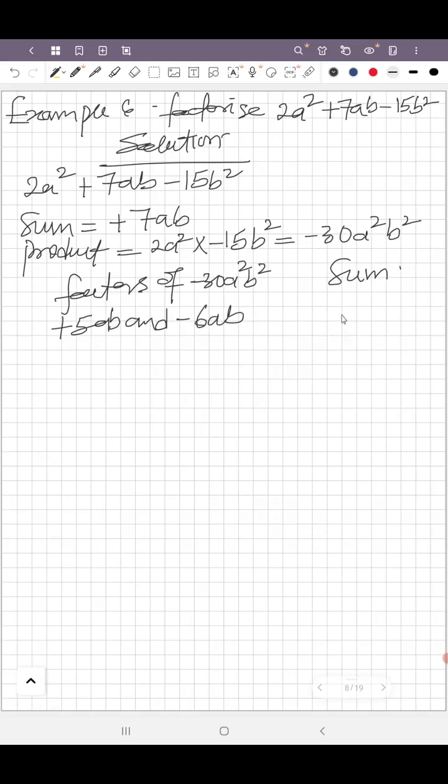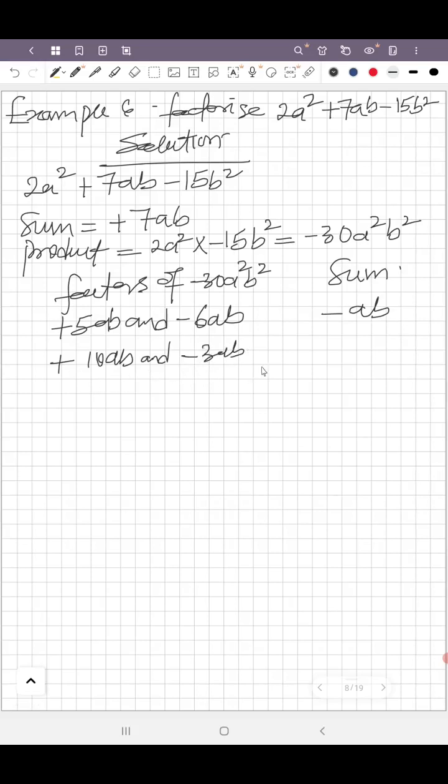The sum will be minus ab. That is not what we are looking for. So also, I'm not following the procedure as before, and in case you are under high tension in solving this example. So now we have, let's have plus 10ab and minus 3ab.